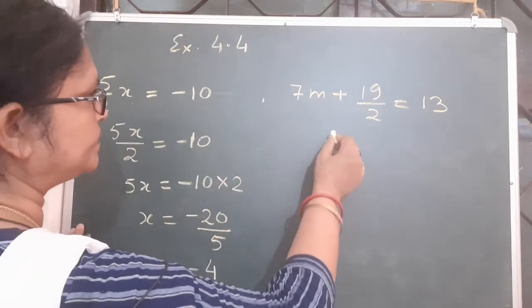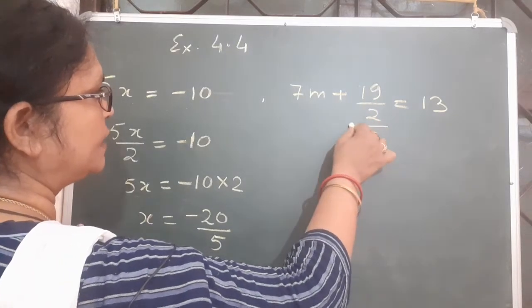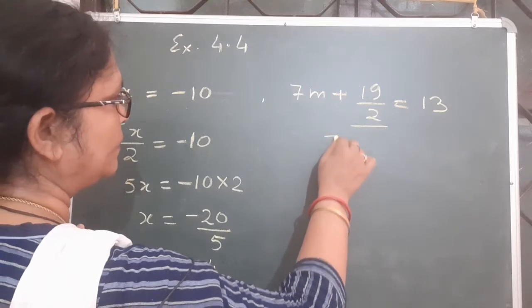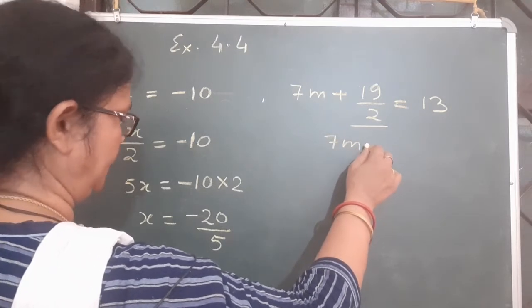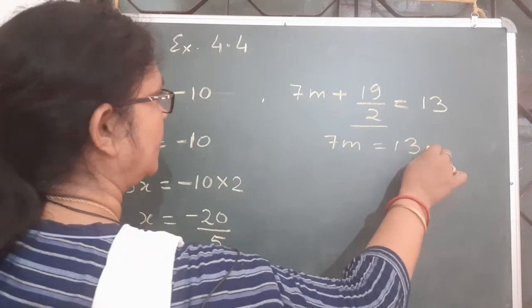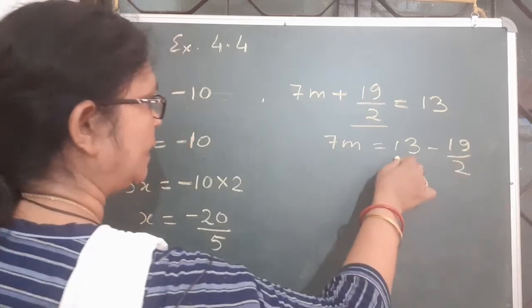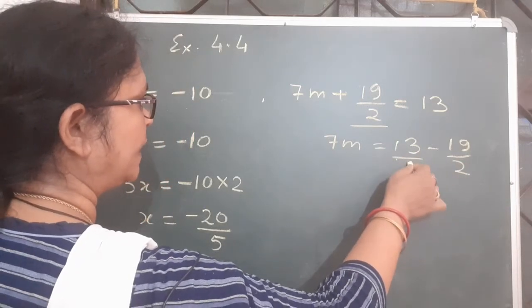See here it is in fraction form, but still we will remove this first. So we can do 7m is equal to 13 minus 19 upon 2. Here though there is no denominator, so we can write 1.